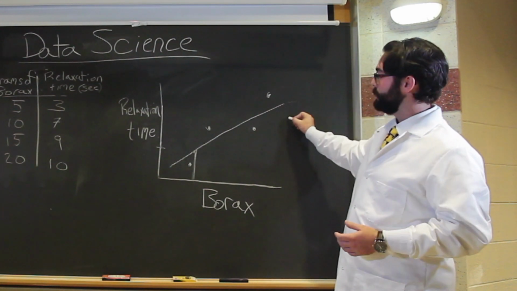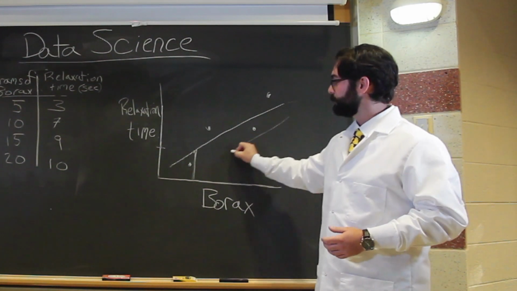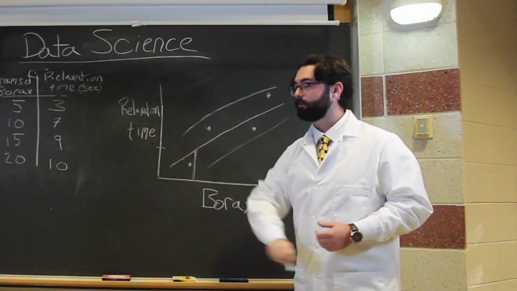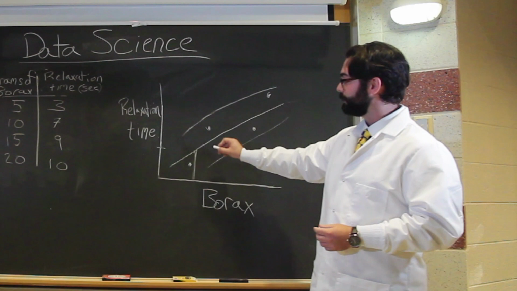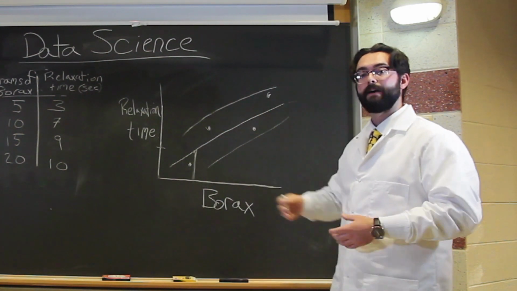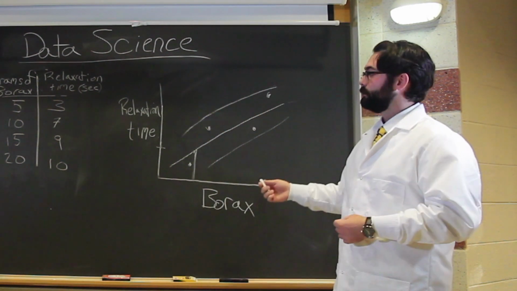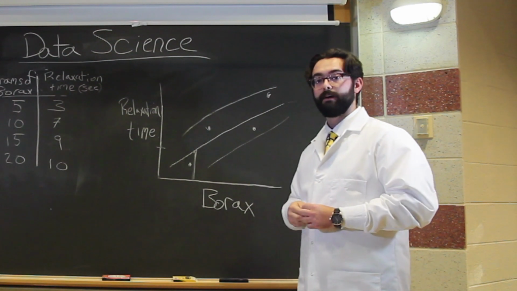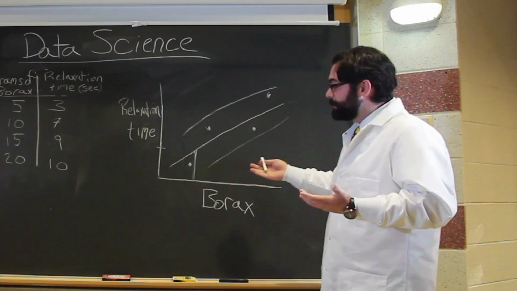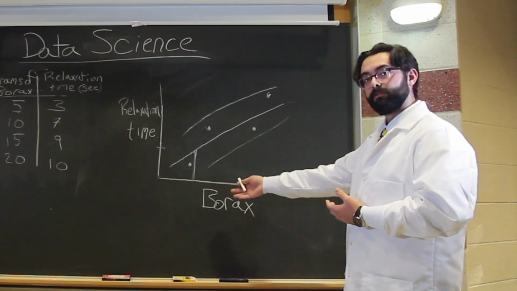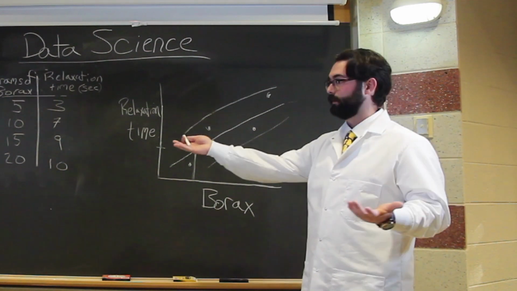We can draw maybe some other lines here which tell us how confident we are in those predictions. And then that gives us some range of values that we have to predict our recipe that we need to get this relaxation time. But this is a simple system. There's only one value and one output.